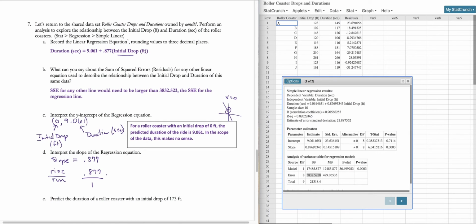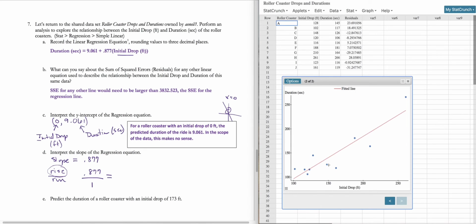Well, now we need to think about what is a change in rise in the scope of our data. Let's go ahead and look at that fitted line plot. So any vertical change here is a change in the duration of this ride.